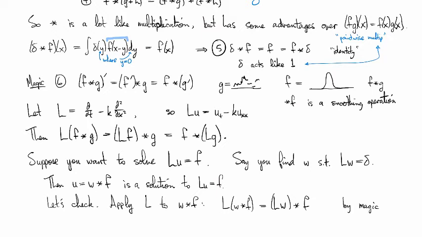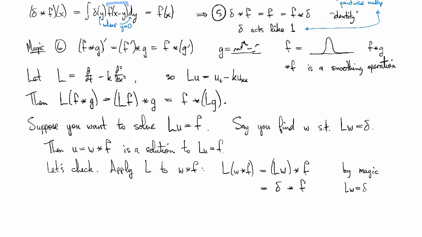And then we know that W is a solution of LU equals delta. So this is going to be delta. That's how we defined W in the first part. And then we saw above that the Dirac delta is an identity for convolutions. So that just gives us F again.